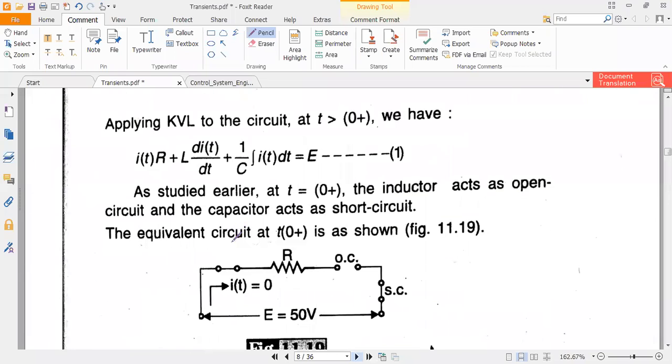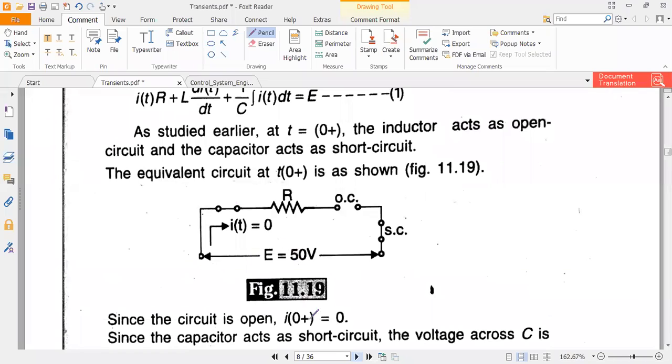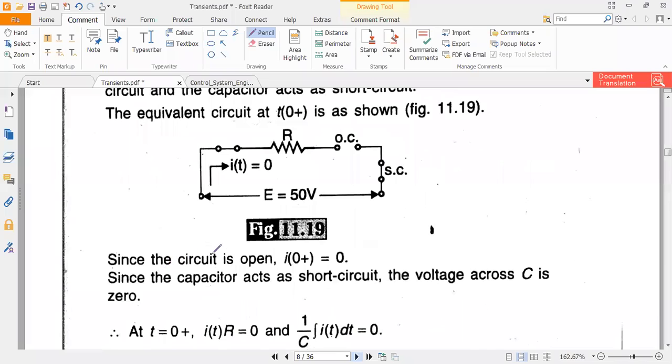Then the current i(0+) will become 0, since the circuit is open. And the voltage across the short circuit is also 0, so the voltage across the capacitor is also 0.